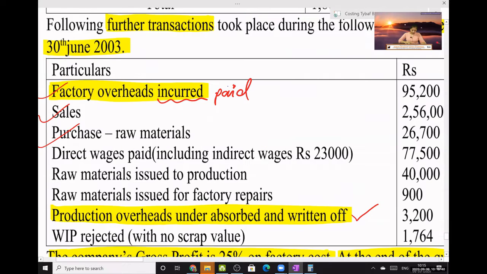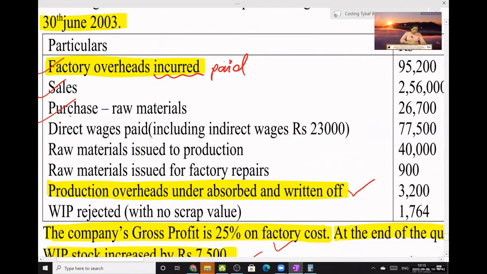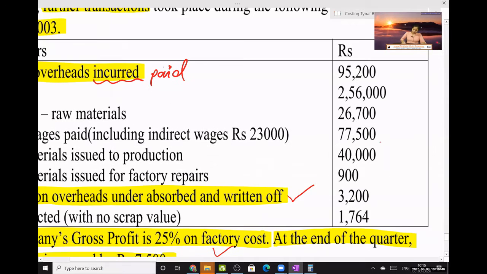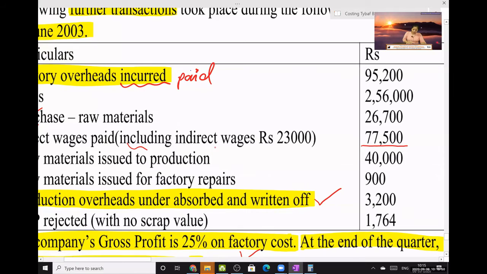Next, direct wages paid. Now, how much is it paid? See, 77,500. And what else is said? Including indirect wages rupees 23,000. Anyways, I have told you the wage ledger control is prepared only to pay off your wages. So whether it is direct wages or indirect wages, you have to write both the entries.